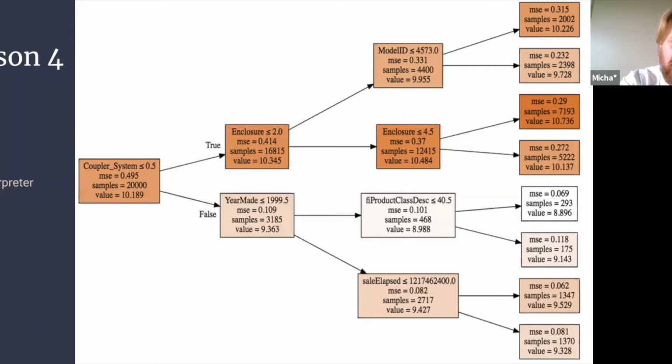Then you can see whether that particular variable has a positive or negative effect on your prediction, and also the magnitude of that effect. So I think that's also quite a cool feature.